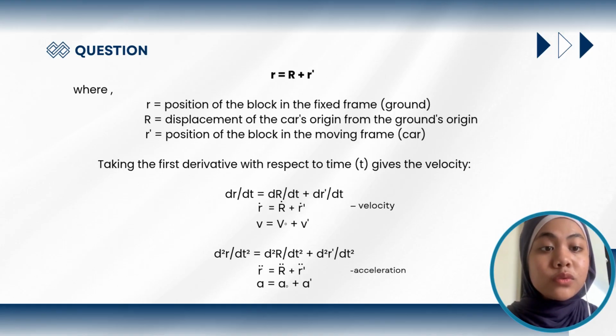First, we differentiate the equation to get the velocity. As you can see here, we get r dot equals capital R dot plus r prime dot. Next we differentiate it again to get the acceleration, where we get r double dot equals capital R double dot plus r prime double dot.